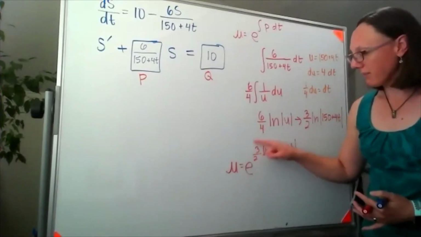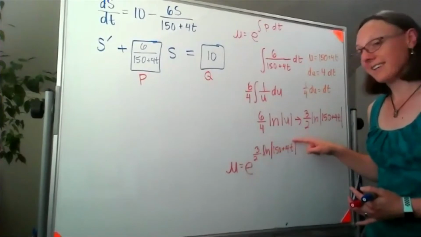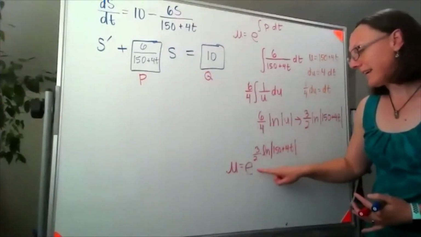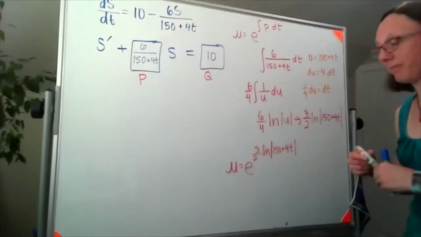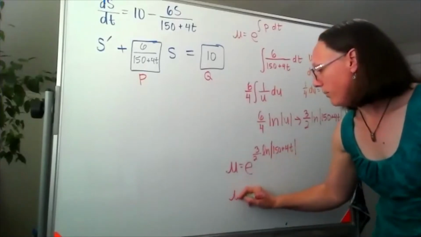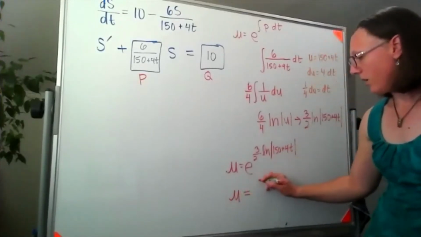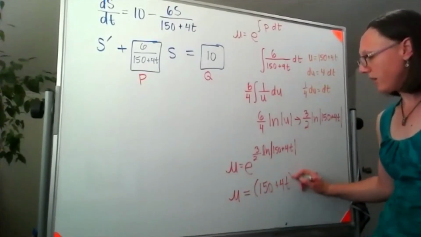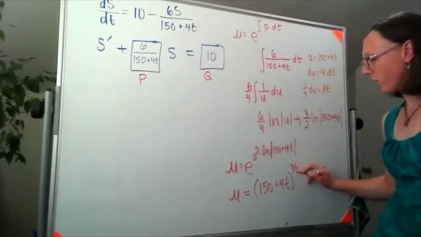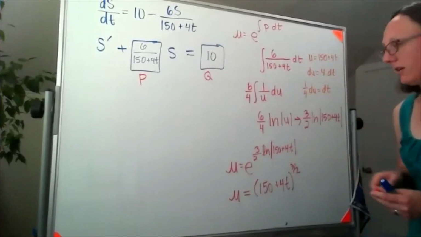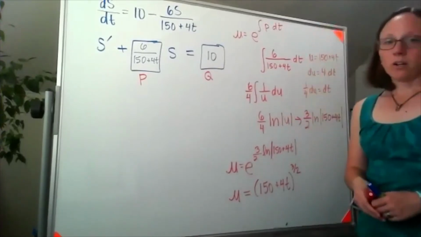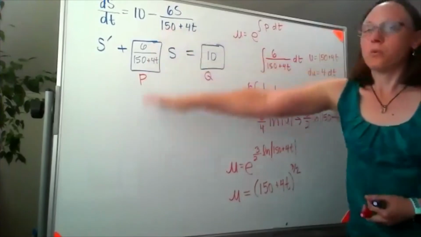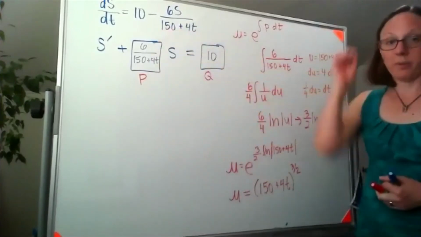So that 3/2 out in front, I'm going to bring inside as an exponent so that my e and my natural log can cancel out, which is going to make mu 150 plus 4t raised to an exponent of 3/2.